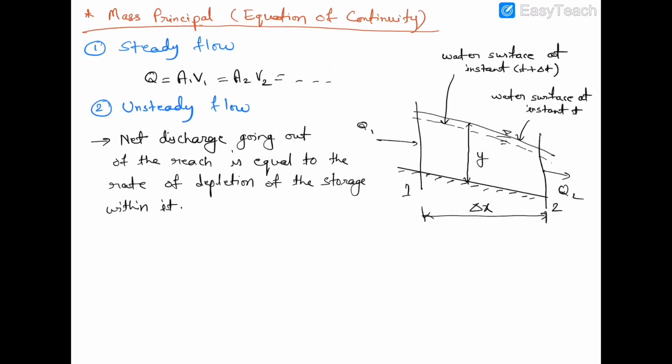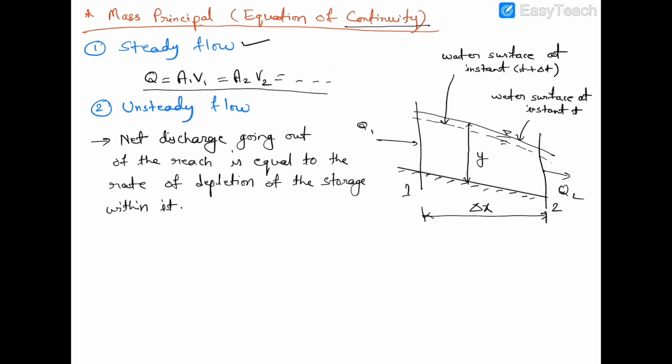Now we come to the equation of continuity. The equation of continuity is based on the law of conservation of mass, which is also known as the mass principle. So firstly we look at the continuity equation for steady flow. For steady flow, the continuity equation is Q is equal to A1 V1 is equal to A2 V2 and so on.